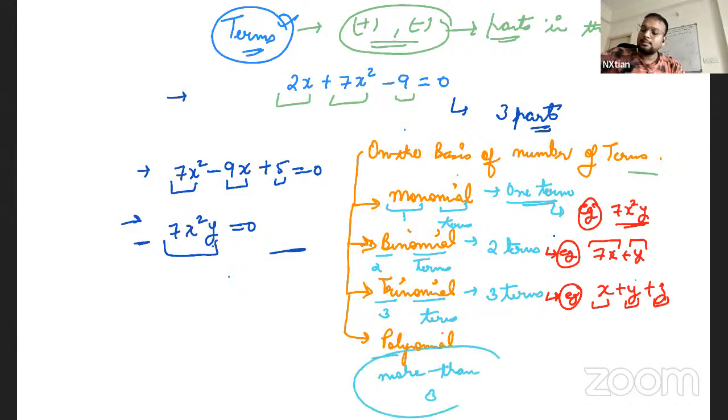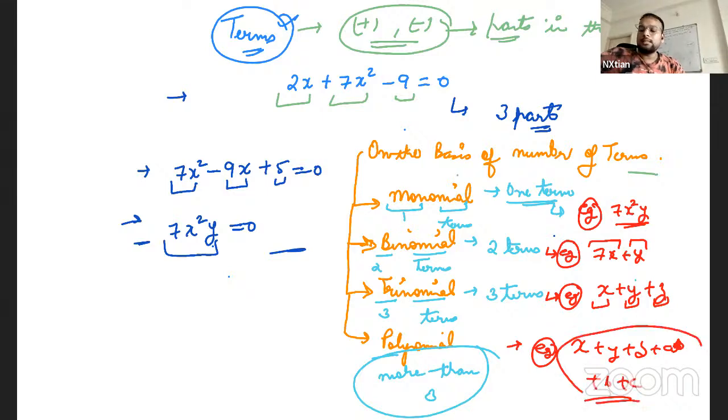More than three terms, then it is called polynomial. For example, x plus y plus z plus a plus b plus 3. This has more than three terms, so it is called a polynomial algebraic equation. Guys, did you understand? No, still you didn't understand.